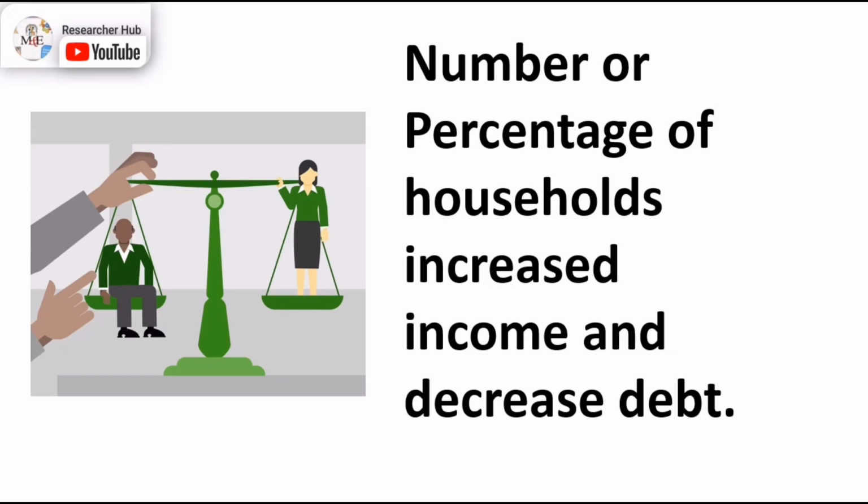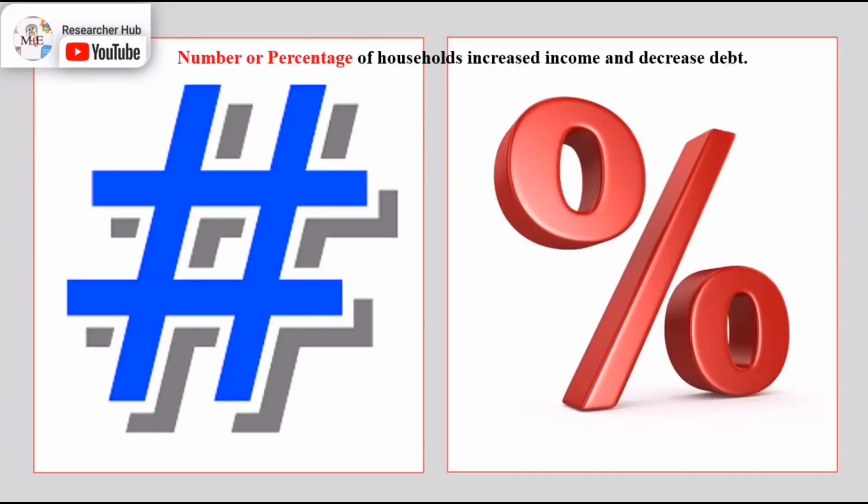Have a look together. From that indicator, we can see that there are two keywords here. You can see "number or percentage", so they have both number and percentage. Sometimes I'm just not sure what they really want. Do they want to look at the number, or do they want to look at the percentage?